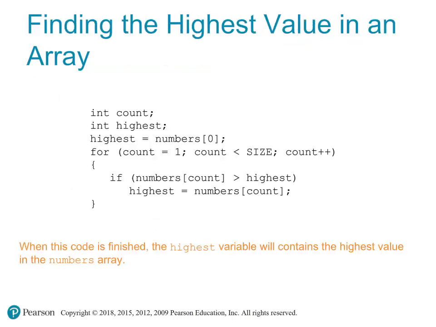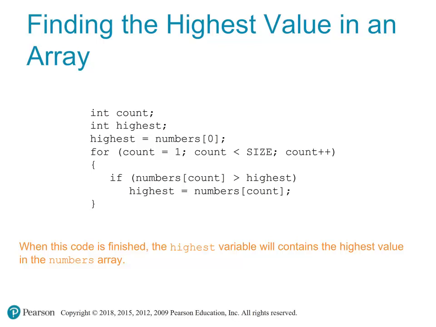Sometimes you need to find the highest value stored in the array. We start by initializing the variable highest with the value of the first element of the array. This gives us a starting point for comparison. A for loop starts its iteration from the second element, count equals 1, to the last, count less than size.